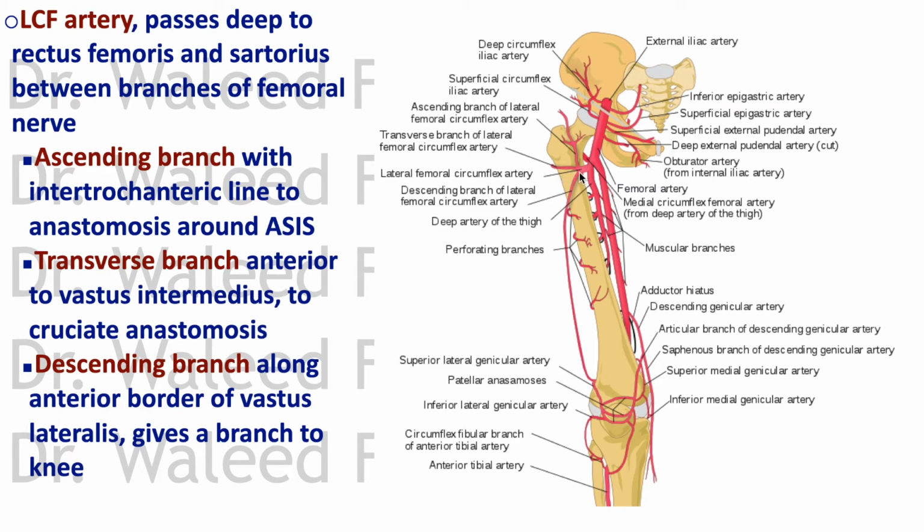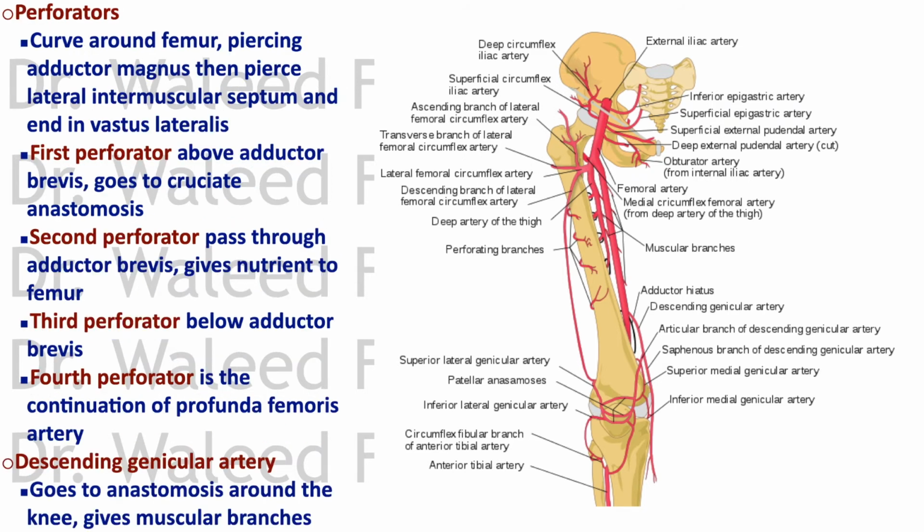It gives an ascending branch with the intertrochanteric line to the anterior superior iliac spine anastomosis, a transverse branch to the cruciate anastomosis at the level of the lesser trochanter, and a descending branch that runs along the anterior border of vastus lateralis with its nerve, and gives a branch to the knee at the end. These are the ascending, transverse, and descending branches, while the medial circumflex femoral has only ascending and transverse branches.